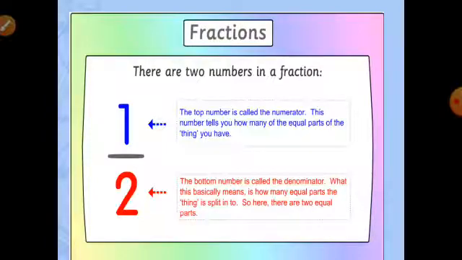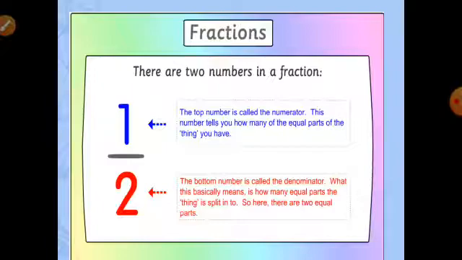So you ask the restaurant that you need 4 pieces of that, so 1 piece for each, so 1 out of 4, okay, for each person. So in the same way, in this fraction over here, the top number is telling you how many of the equal parts of the thing you have. Just like I said, 1 piece every family member needs, so that means they have 1 piece out of 4.